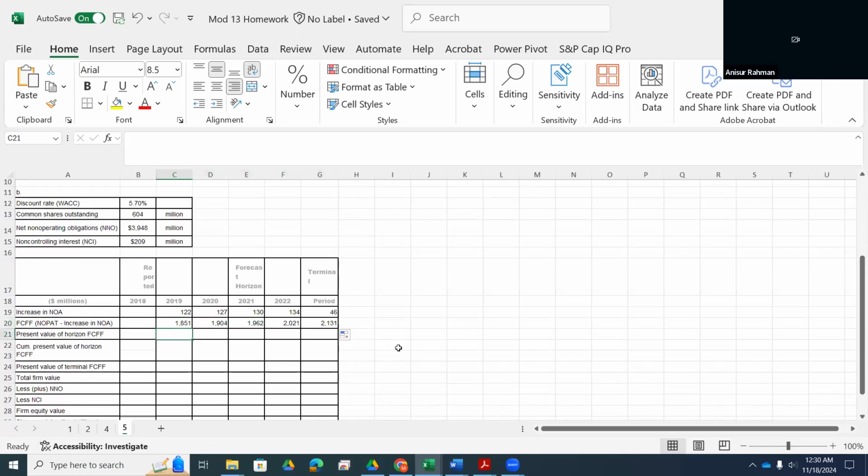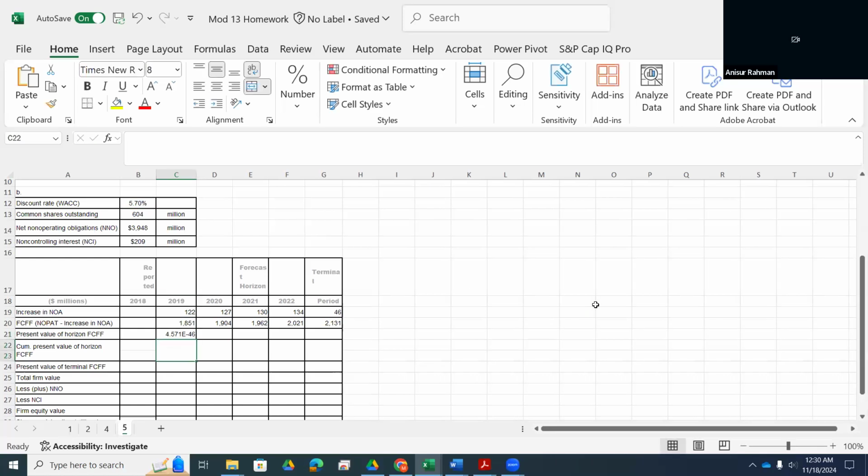Now present value as before, this divided by 1 plus our discount rate locked, raised to the power this, and I'll replace these numbers with 1, 2, 3, 4, 5. So this will be 1, 2, 3, 4, 5.